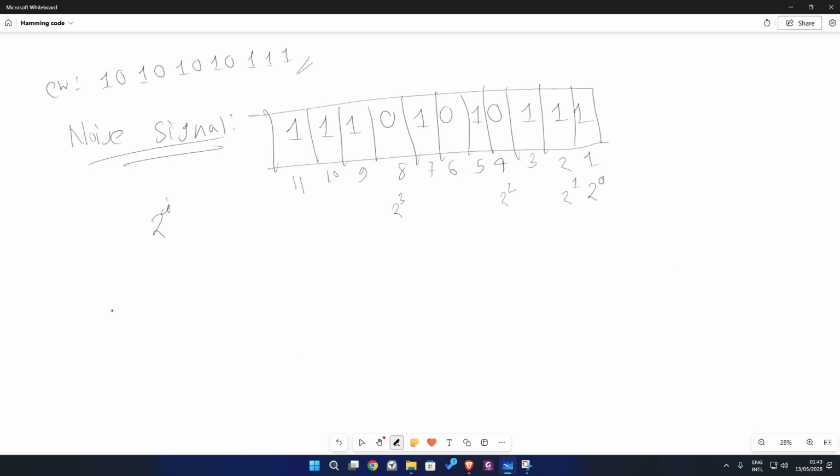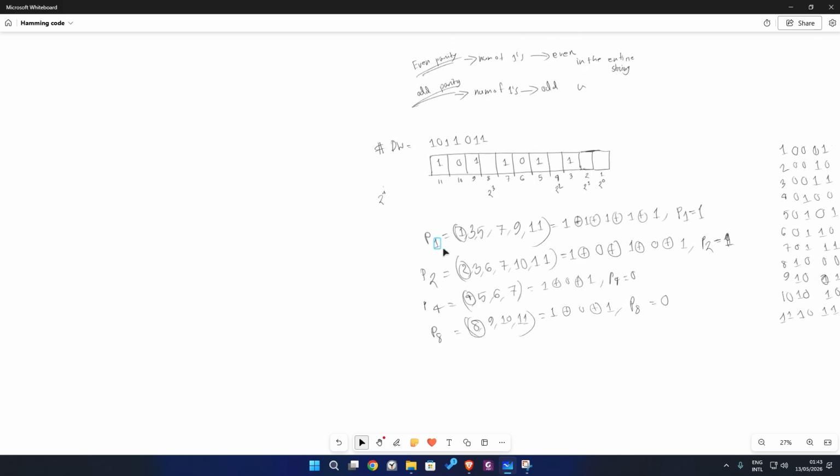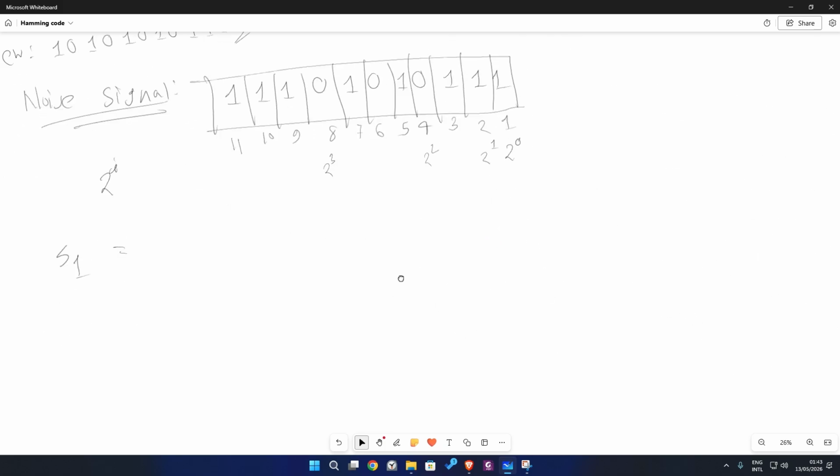So let us introduce syndrome here, S1. In S1 we will consider the previously written 1 3 5 7 9 11, which is seen on the P1 part.